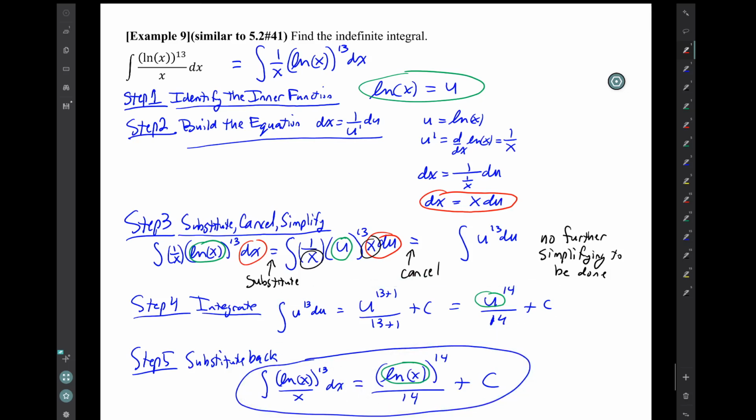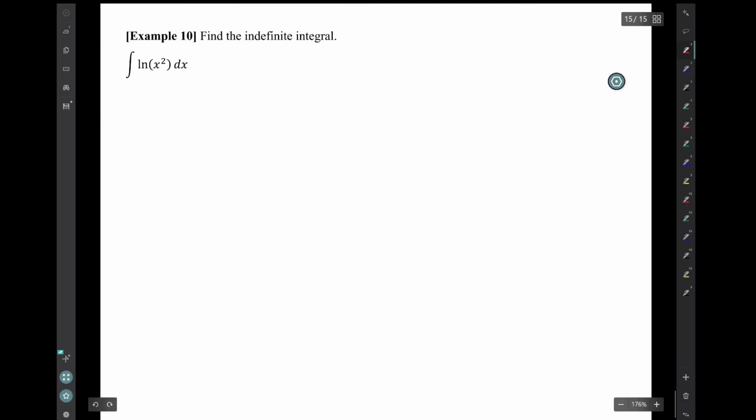There's one more example. Example 10. Find this indefinite integral. Well, this is clearly a nested function, so let's just do the standard 5-step substitution method.